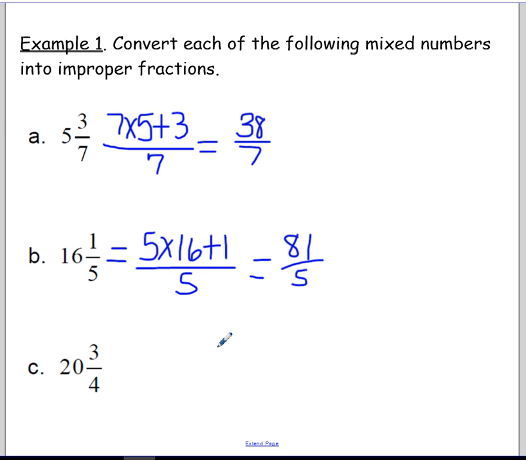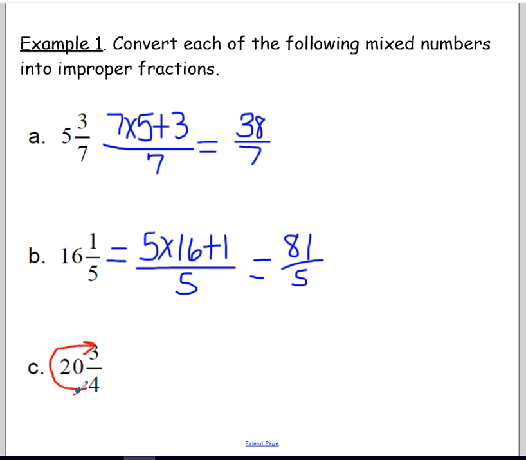And another example, we have 20 3/4. And so for this one, I'm going to show you what I do for myself when I'm changing a mixed number to an improper fraction. I draw a loop starting with my denominator, my 4, going around the natural number 20 and pointing to the numerator, which is a 3.